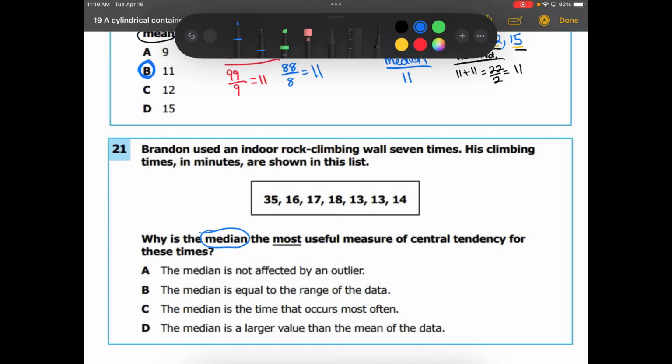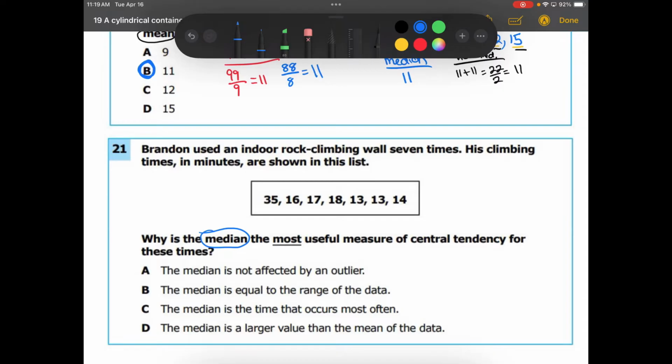We're going to go through each answer choice and eliminate the ones that are false statements that are not true. So let's look at A. It says the median is not affected by an outlier. When we first started doing central tendency, we found that the median was affected by the outlier, but only a little.